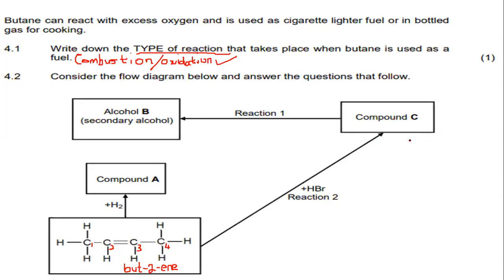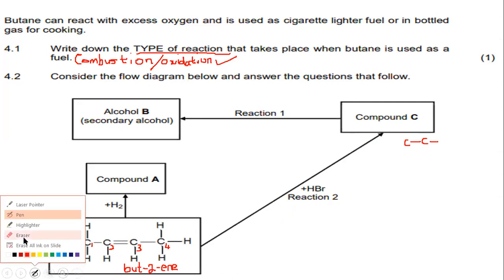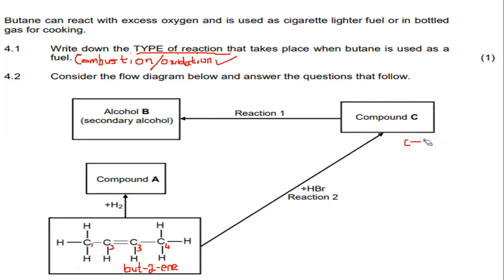Compound C is still going to have 4 carbons. So it will be 1, 2, okay. Let me just write it a little bit lower. There we go. 1, 2, 3, 4 carbons.